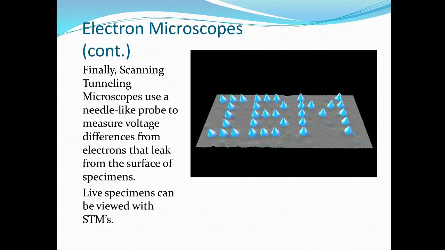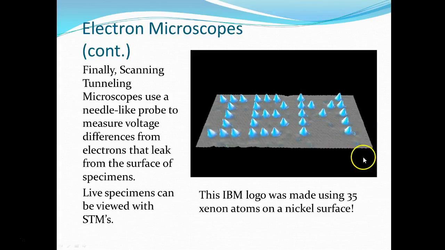The first two, the specimen is not alive. This was the only one that allows them to look at live specimens. And you can see here, these are actual atoms that were arranged on this plate to spell out, of course, IBM. These are atoms of xenon on a nickel plate. There are 35 xenon atoms that make up IBM.